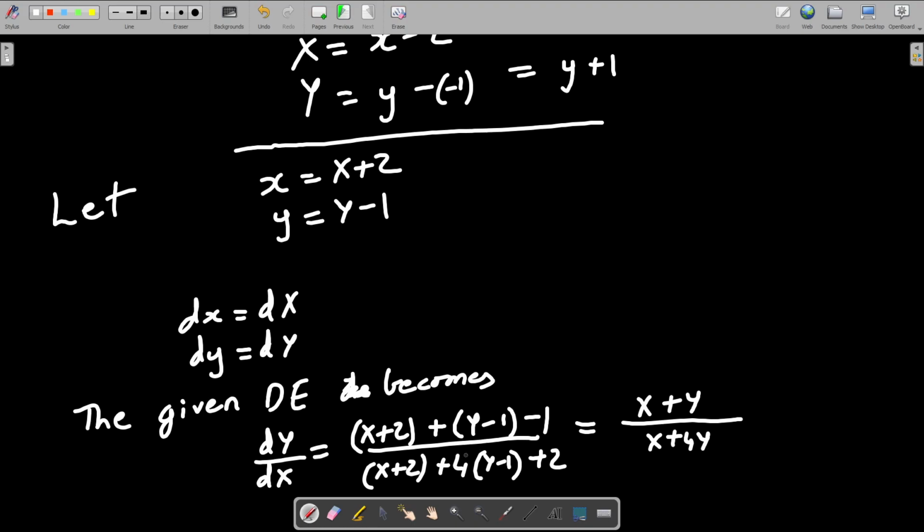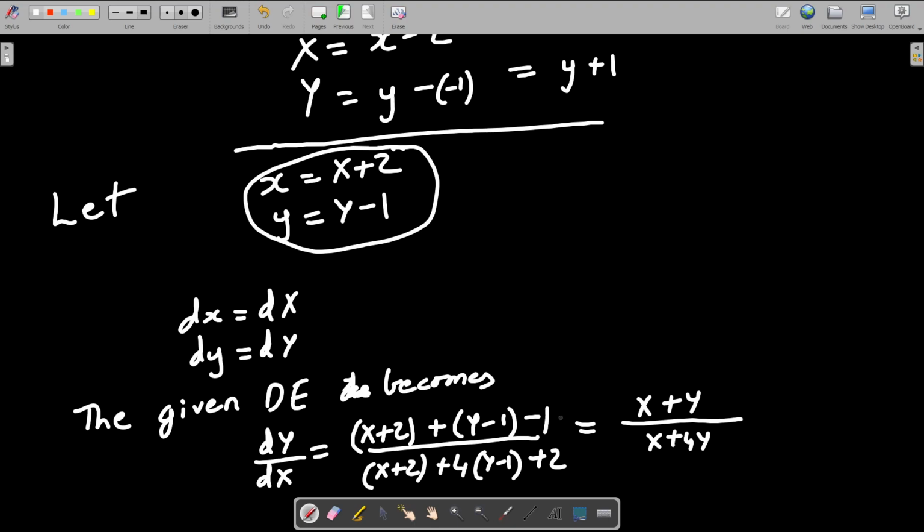Why I'm telling you to do this step purposely, no? Because in case you have made a mistake somewhere in finding the point of intersection or defining these values over here, if you make a mistake at this stage, you will not get this constant 0 over here. That means you have made a mistake somewhere. You can go back and verify where the mistake came.